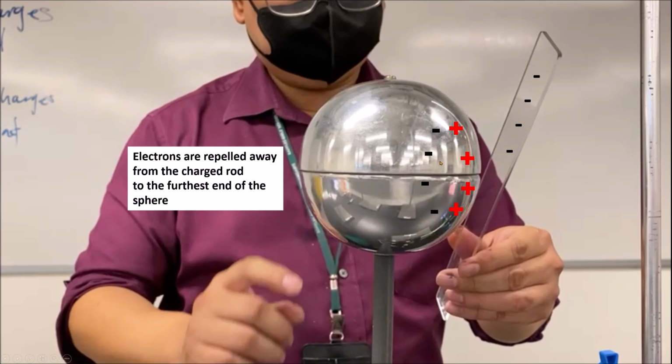The electrons on this side keep pushing all the rest of the electrons. So you end up having charge polarization again, and there are more electrons on the left side of the sphere. The right side of the sphere has fewer electrons, so it's more positive. So the left side is more negative, the right side is more positive. This sphere is still neutral, okay? It has not been charged yet.